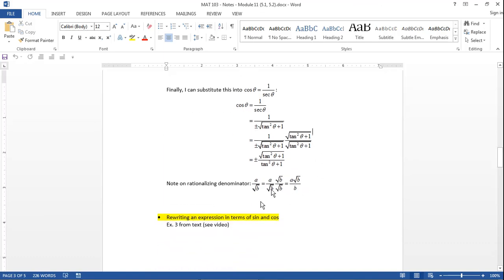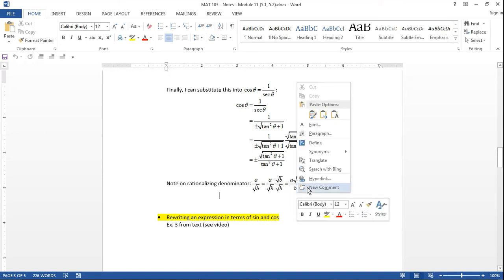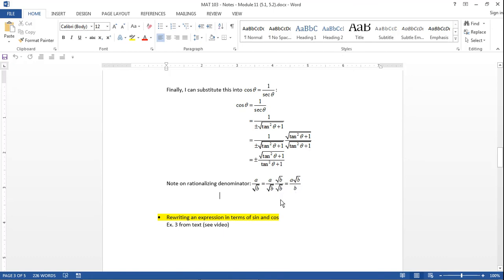Here it is written out in a little less complicated form. If we multiply the top and bottom by the square root, on the bottom we end up with the square root of b squared, which simplifies to just b. Again, that just cancels out our radical. That's what I mean by rationalizing this denominator, getting rid of the radical from the denominator.